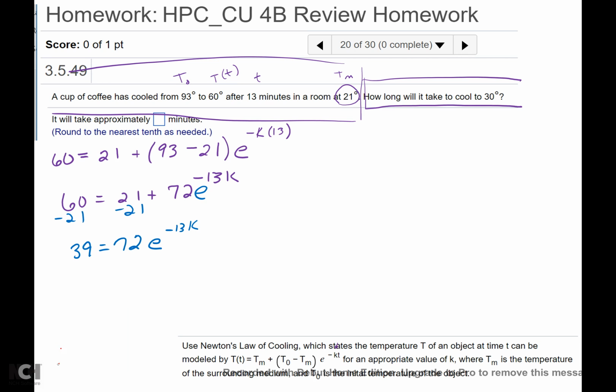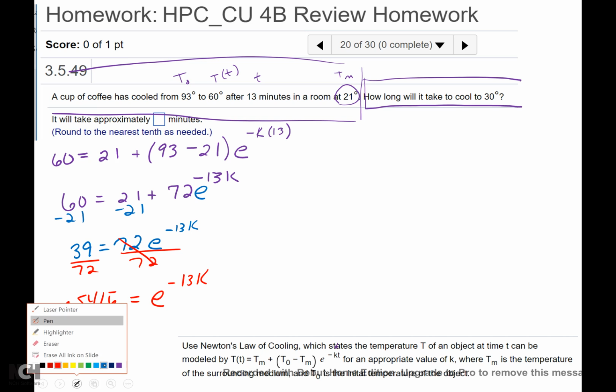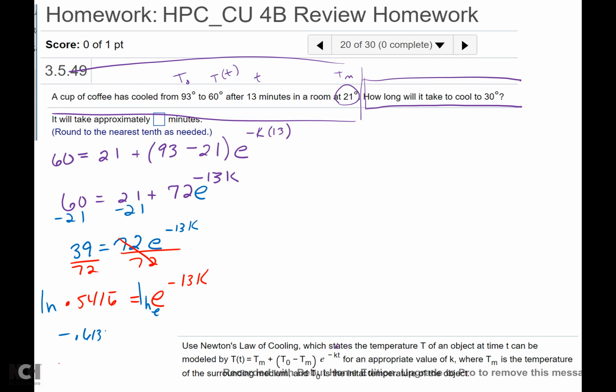To isolate e, I'm going to divide by 72. 39 divided by 72 is 0.5416 repeating, equals e to the negative 13k. To get k out of the air, I'm going to have to ln both sides. And I get ln of 0.5416 repeating equals negative 0.613104479, equals, those cancel, negative 13k.